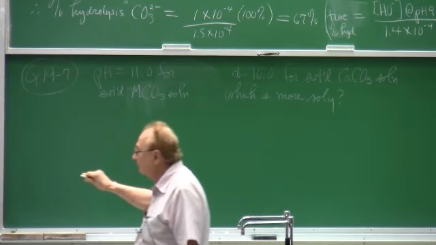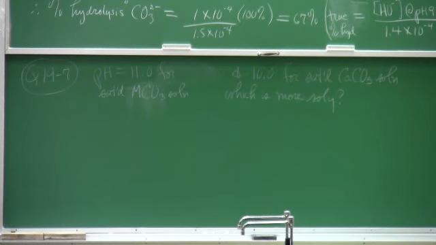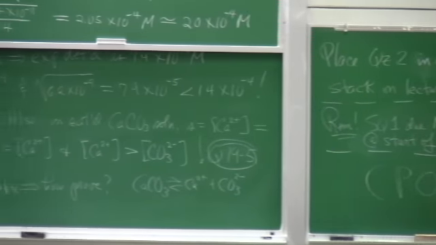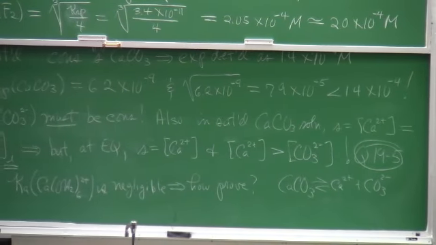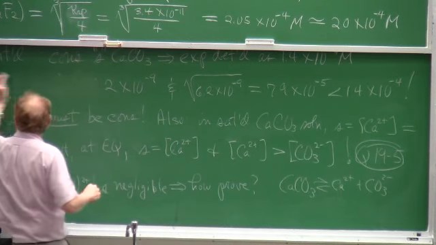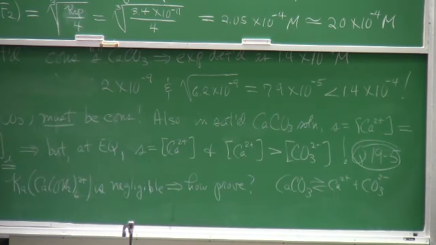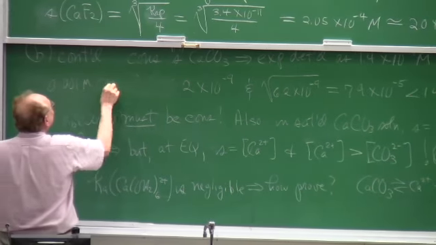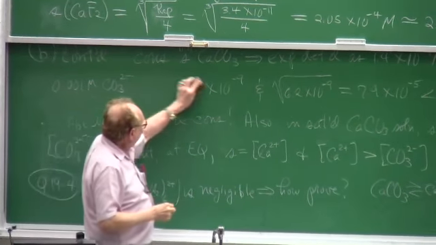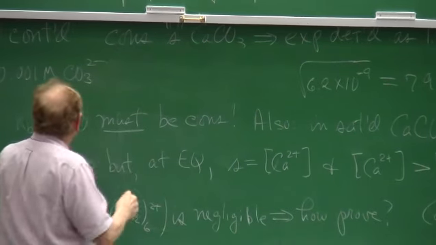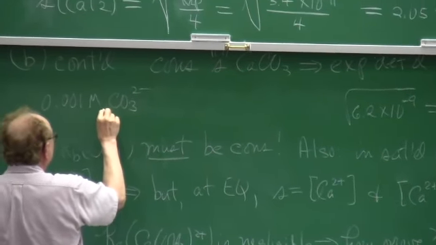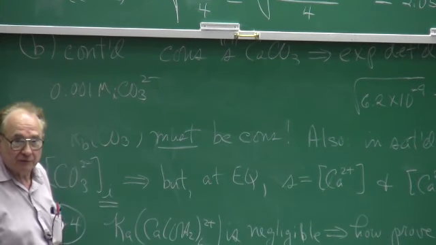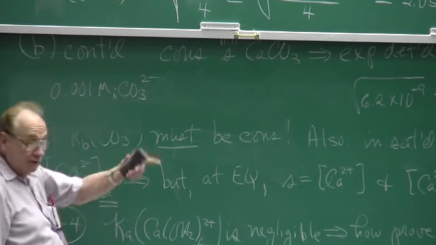Now then, if I go to the laboratory and I issue to you a solution for which the initial molarity of carbonate ion is 1,000th molar. Initial molarity, because we already know it's going to hydrolyze.